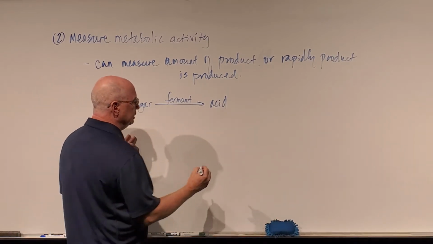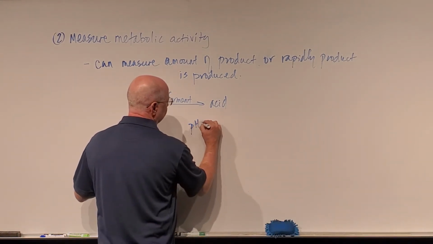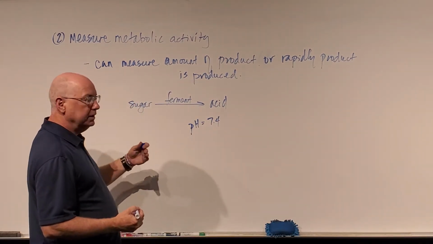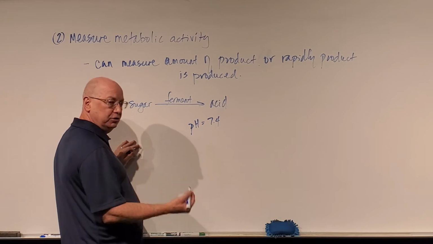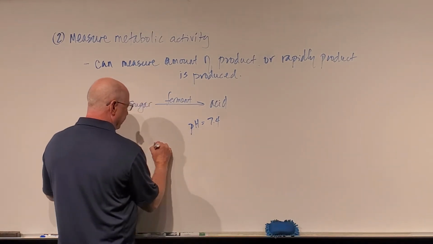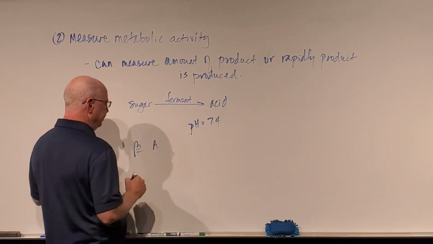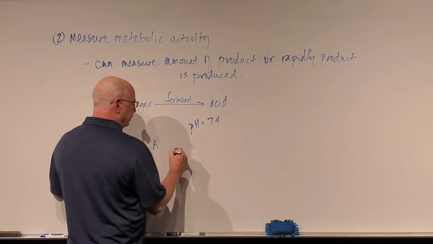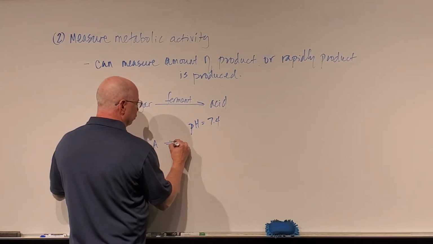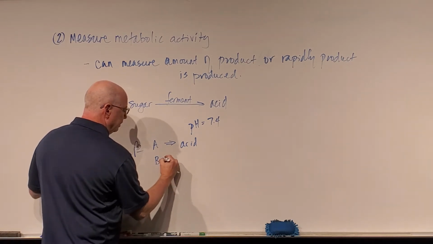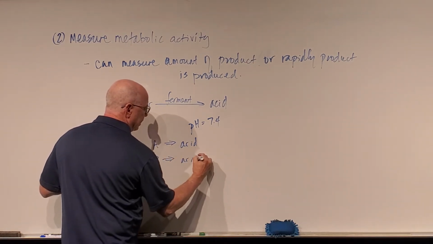If I start with something that has, say, a pH of about 7.4, and I know over a given amount of time that a certain number of bacteria can produce so much acid from a certain amount of sugar, then if I have bacterium A, this is my abbreviation for bacteria, bacterium A might produce a certain amount of acid. Bacterium B might produce acid faster.